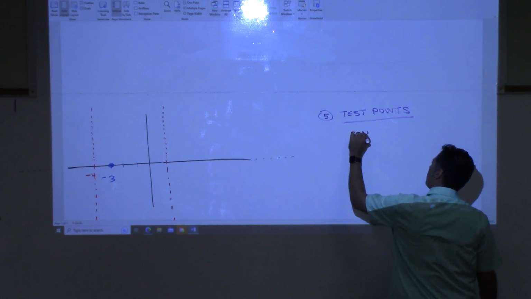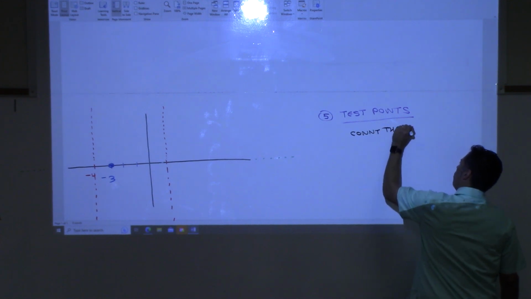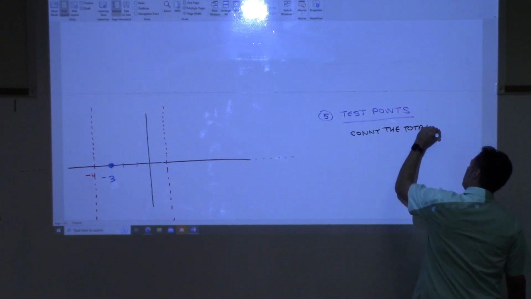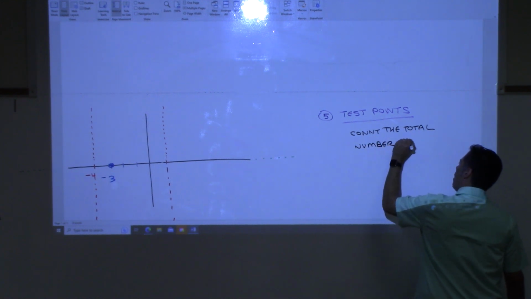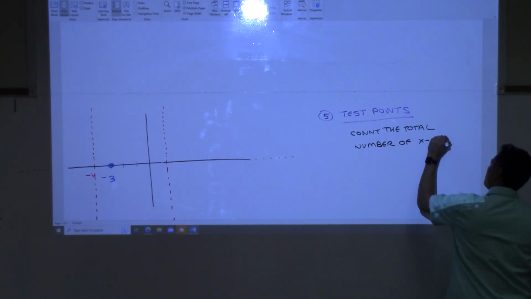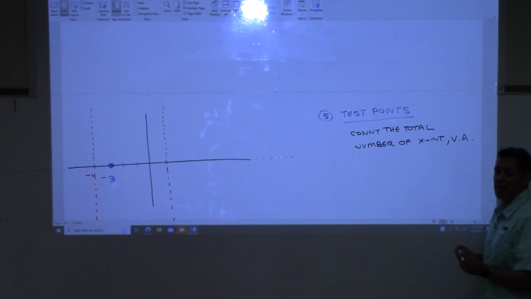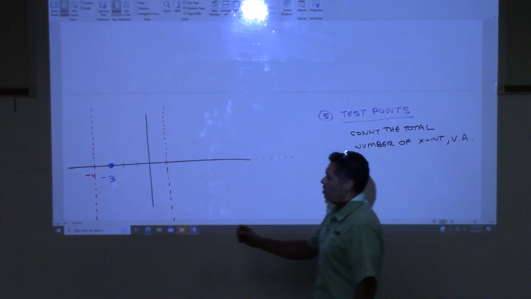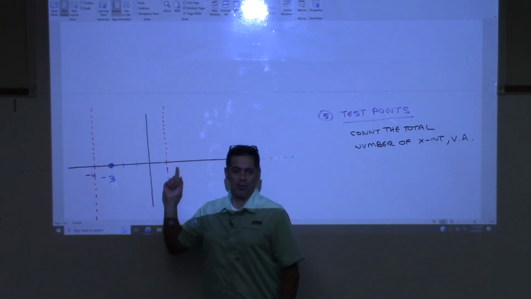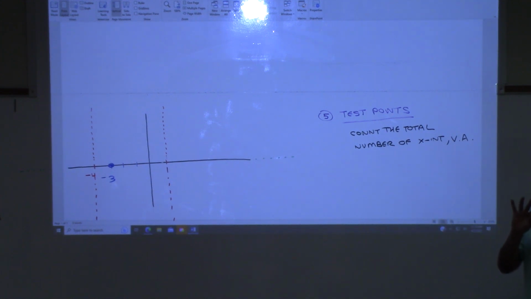Count the total number of x-intercepts and vertical asymptotes. Okay, how many do we have? Let's count how many x-intercepts we have, how many verticals. So 1 x-intercept, 2 verticals. That's a total of 3. That means we will need 4 test points.